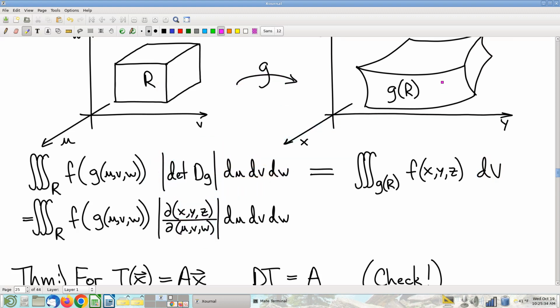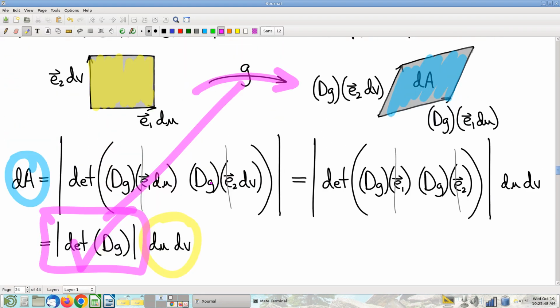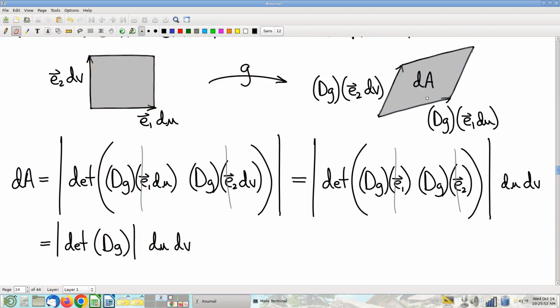Okay, now I think a nice exercise, I want to encourage everybody to take a whack at this. A nice exercise is to try to confirm for yourself that this is the correct stretching factor formula. The way you're going to do that is you're going to shamelessly copy, not transcribe, but adapt this setup and this argument to where you have a three-dimensional, not a sub-rectangle, but a sub-box.